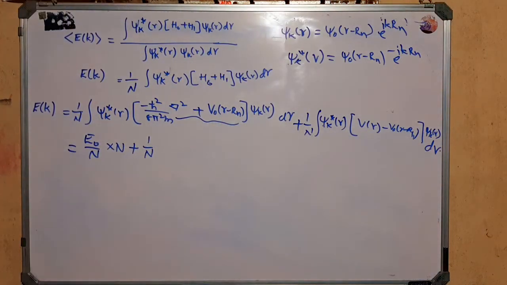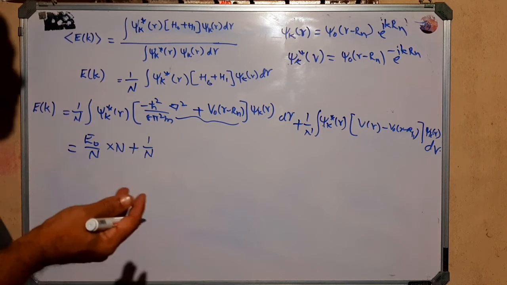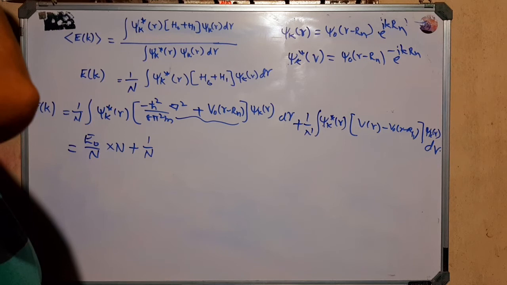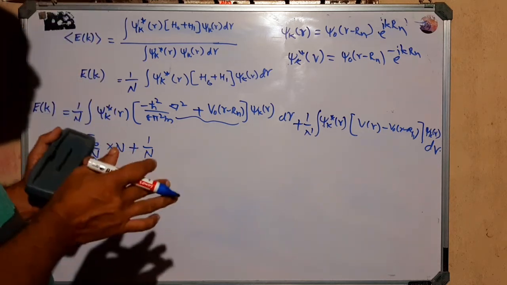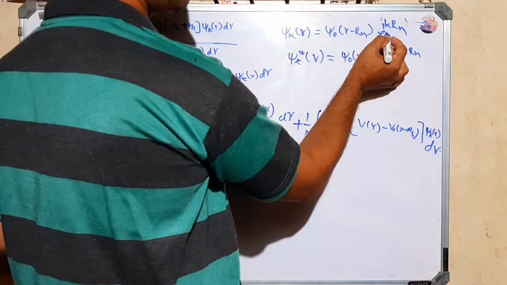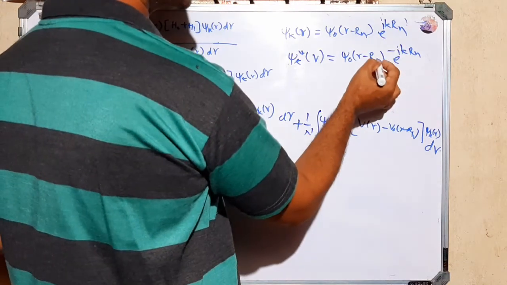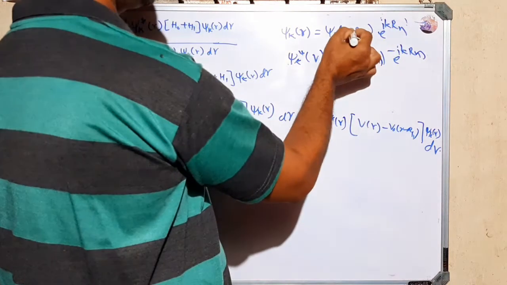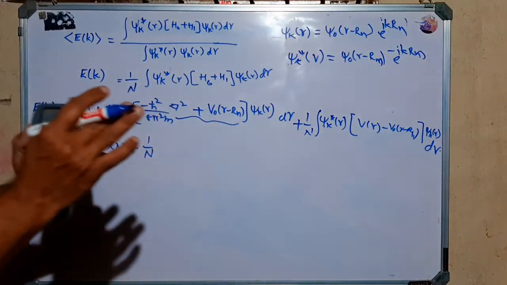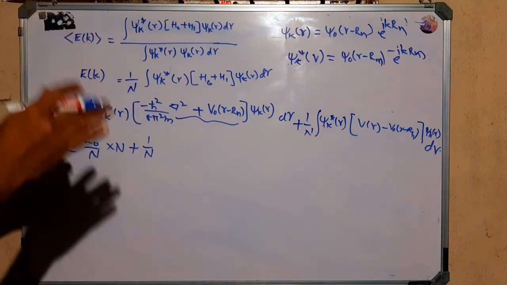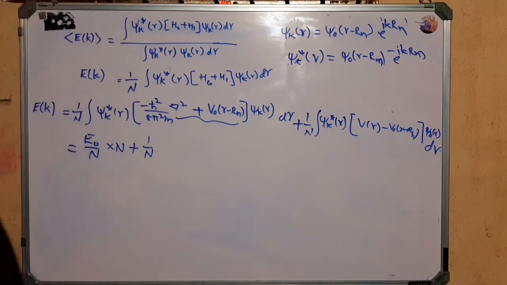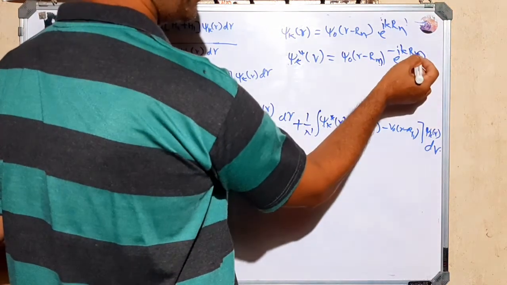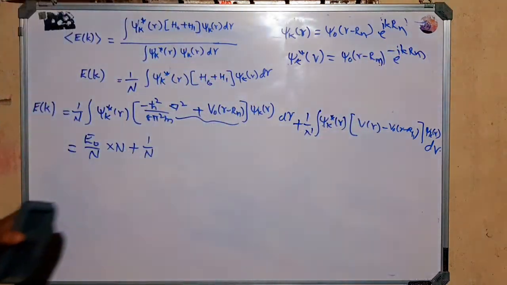But remember that an electron present in the crystal lattice whose wave function is the complex conjugate of this is present at a distance R minus Rm, not exactly at R minus Rn, because at R minus Rn you have one particular electron, but its complex conjugate is present at some other distance. Therefore, I am changing Rn to Rm. Okay, hope that you have understood this.